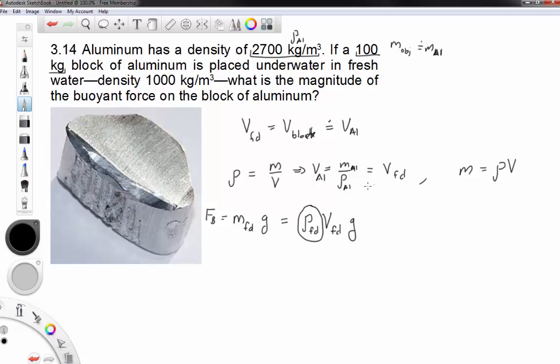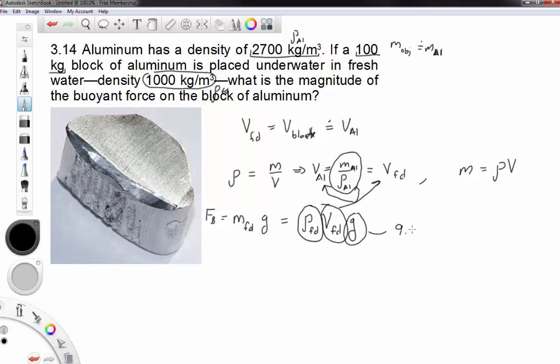All right, well, now we can substitute for this. This is given by 1,000 kilograms per meter cubed. So this is rho of fluid displaced. This term right here is the term that we can make a substitution for because the volume of the fluid is also equal to the volume of the block, which is going to be equal to the mass of the block divided by the density of the block.